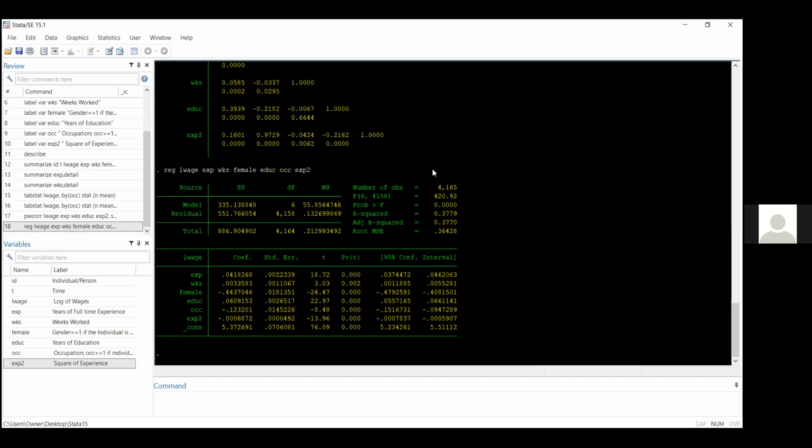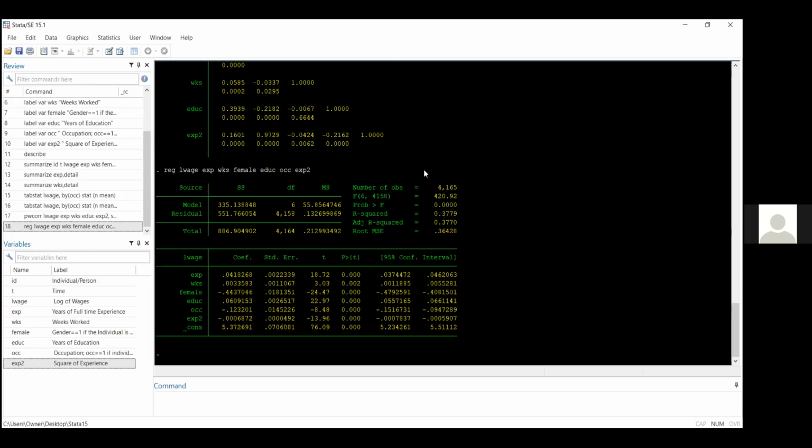And then the next is the F statistic, which shows how jointly significant your independent variables are in predicting the dependent variable. So this is the whole model that you have specified. This is your conceptual framework in simple terms.